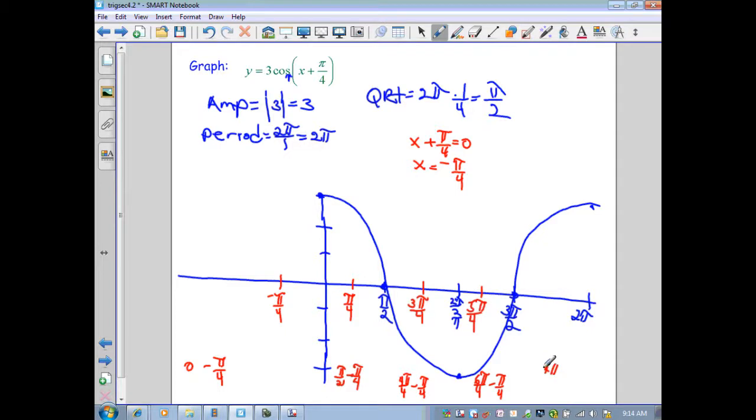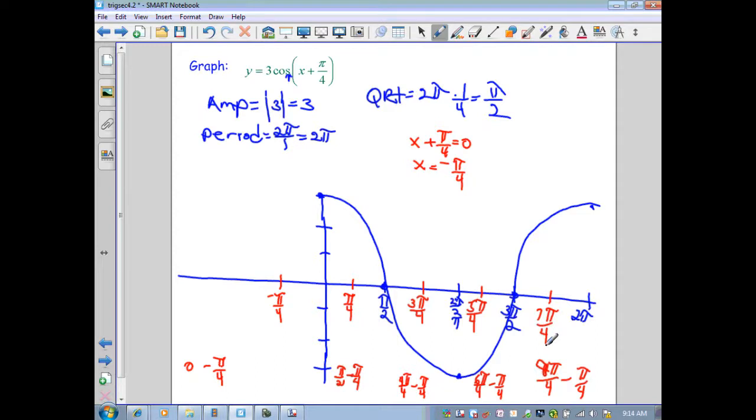We have 2 pi, which when I find a common denominator will be 8 pi over 4 minus pi over 4, which gives me 7 pi over 4.